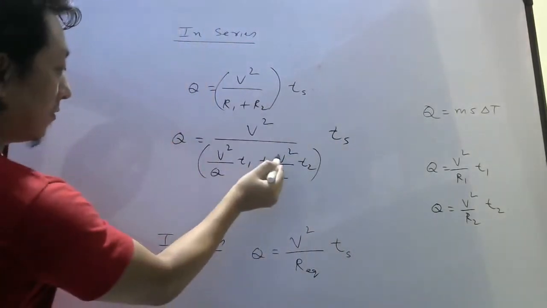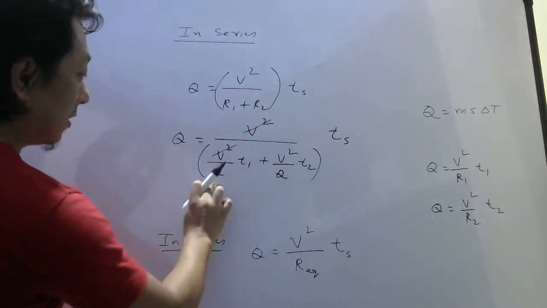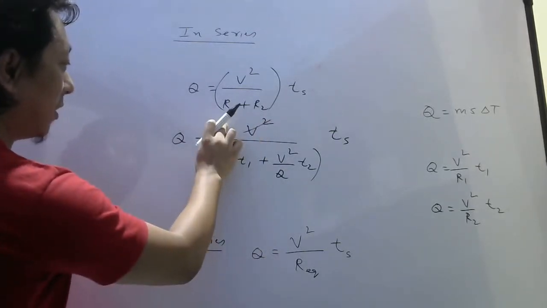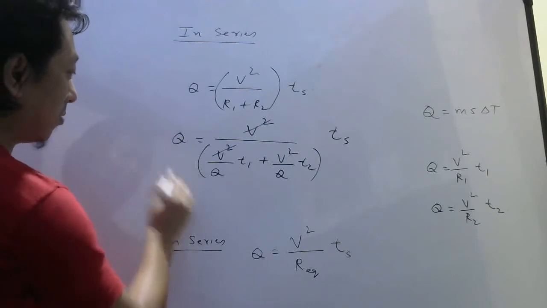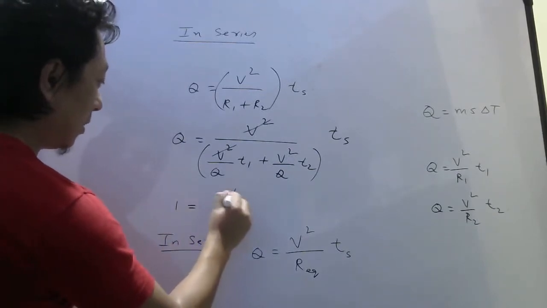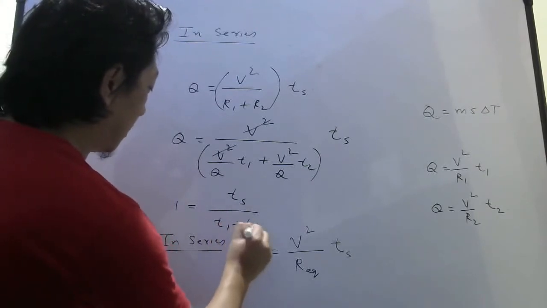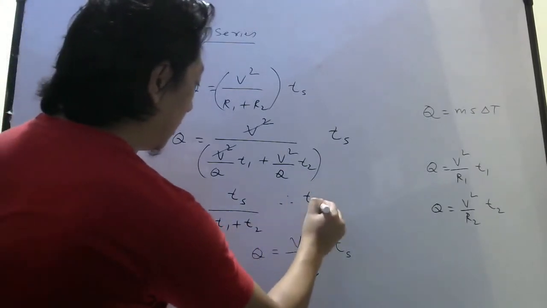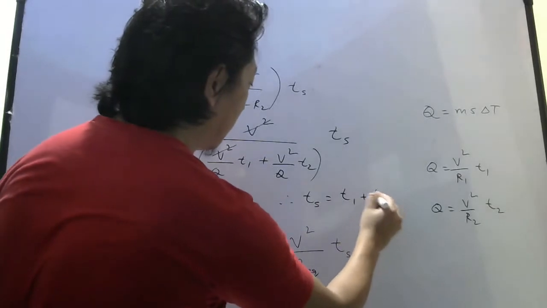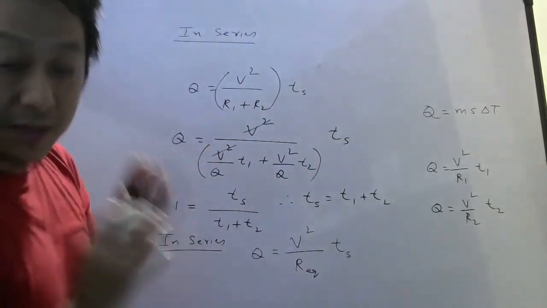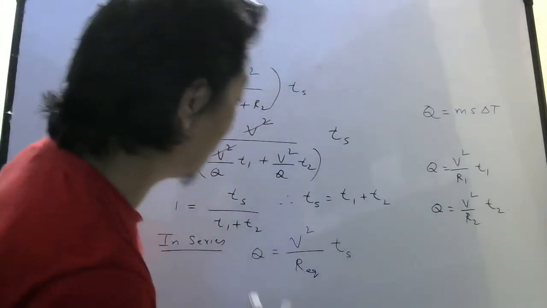So you can see V square is common, it will cancel. This Q is common, it will go in the numerator. That Q will also cancel with this Q. So 1 will be equal to Ts divided by T1 plus T2. Therefore, Ts will be T1 plus T2.